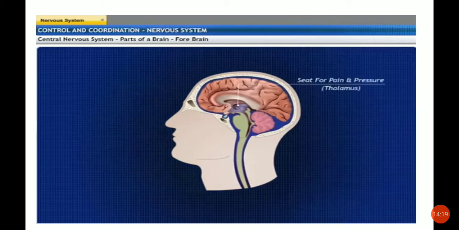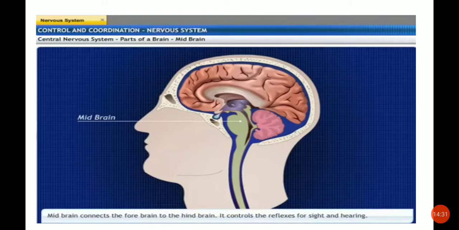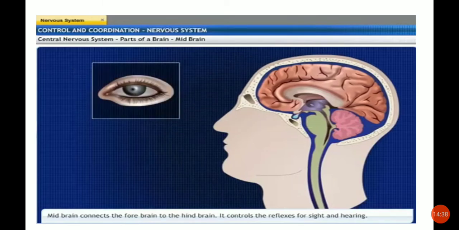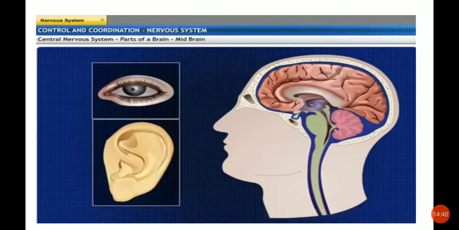It is the seat for pain and pressure. The hypothalamus regulates the temperature in the body. The midbrain connects the forebrain to the hindbrain and controls the reflexes for sight and hearing.